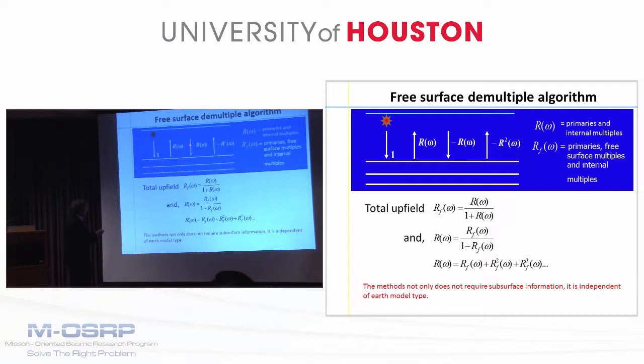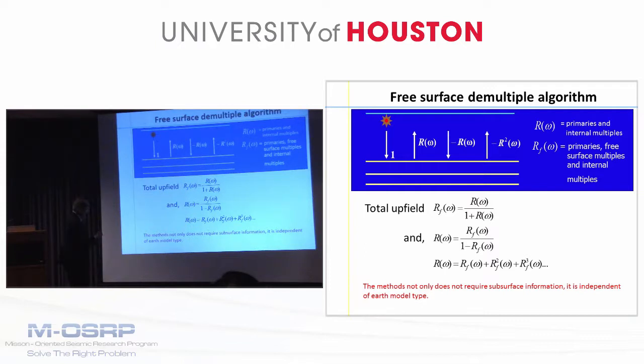So this, you understand, this is R of t. This is the guy that would have been there without a free surface. But it heads north, hits this with a -1, and heads south. This heads south, and this -1 from this free surface, the pressure wave, this is like a wavelet.